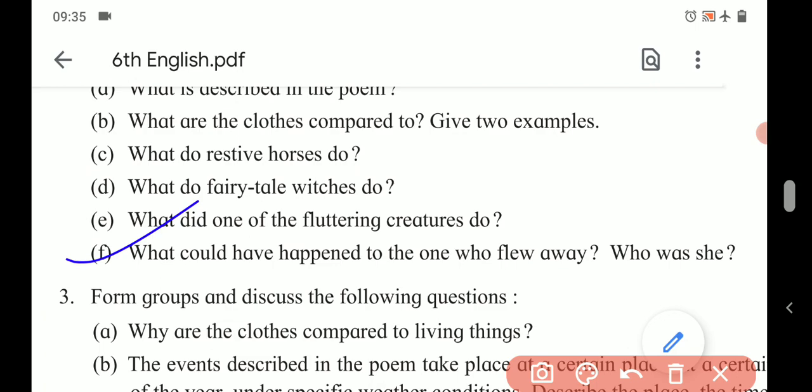So we can simply write: the one who could have been drowned in the sea or fallen in a ditch. Who was she? She was the poetess's handkerchief.